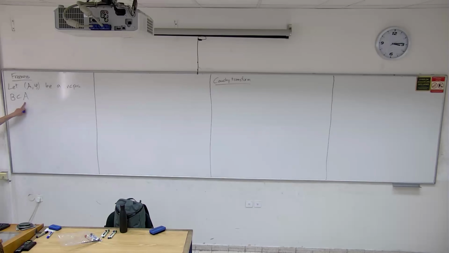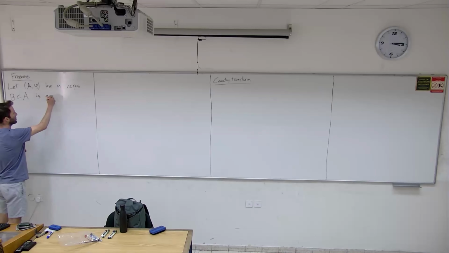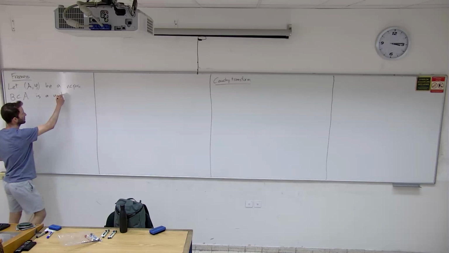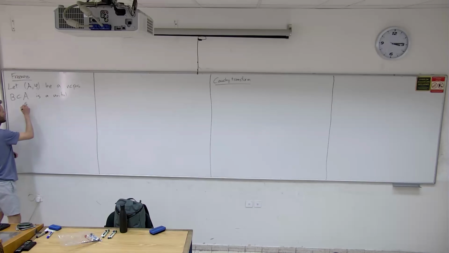So B is a subset of A, and it is a unital subalgebra, meaning that it is a subalgebra and it contains the unit of A. And also, we have an element U in A, which is a Haar unitary.